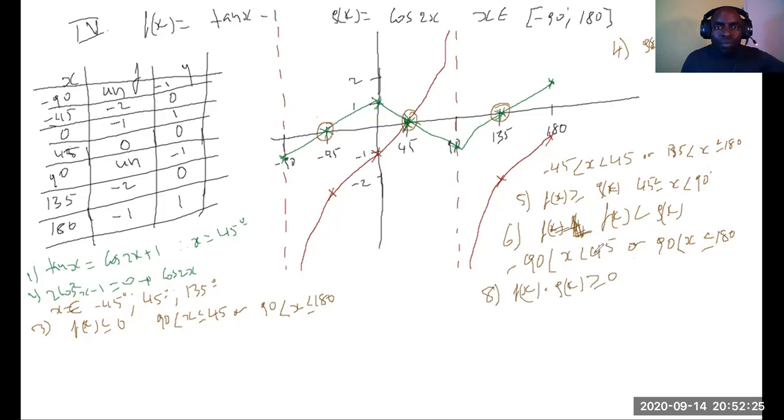Okay, let's see. Here they are all negative, so we have 0 and 45, 90, minus 90 and 45. So x in between should be greater, less or equal there.